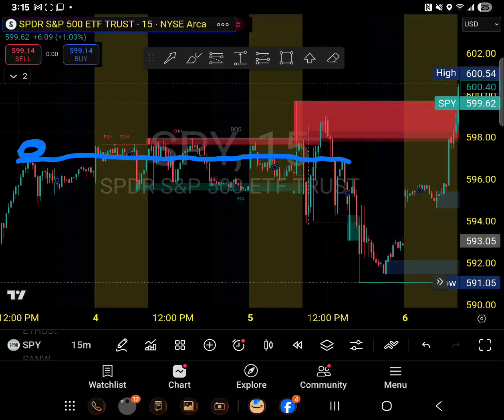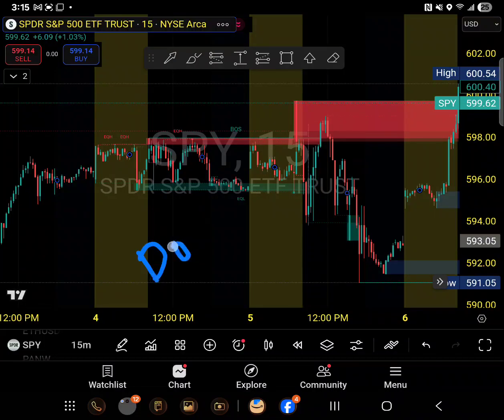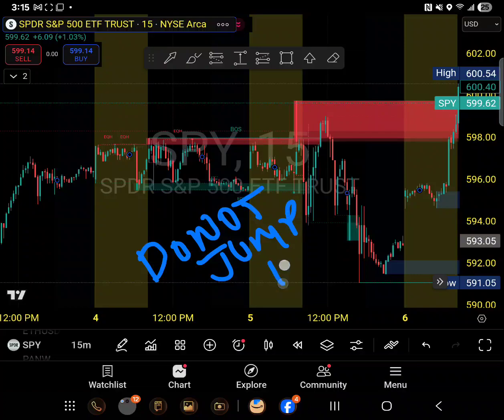That's what I'm saying: whenever you see a breakout candle in either direction, do not jump in immediately, right? Otherwise there is a chance they can eat your position right away.